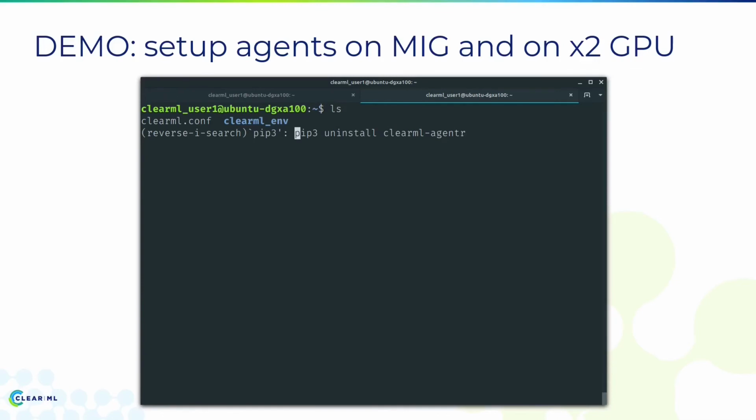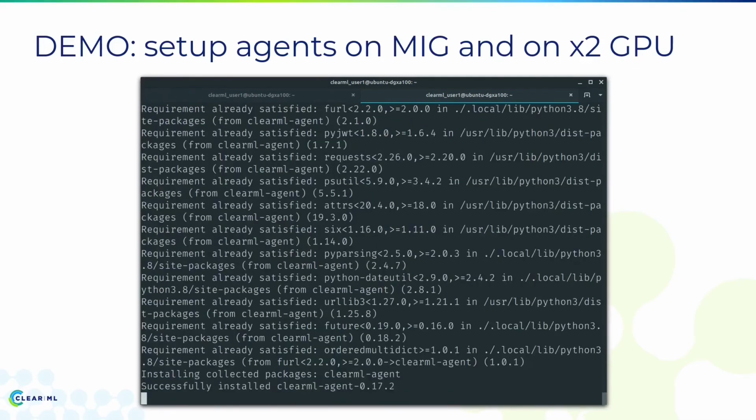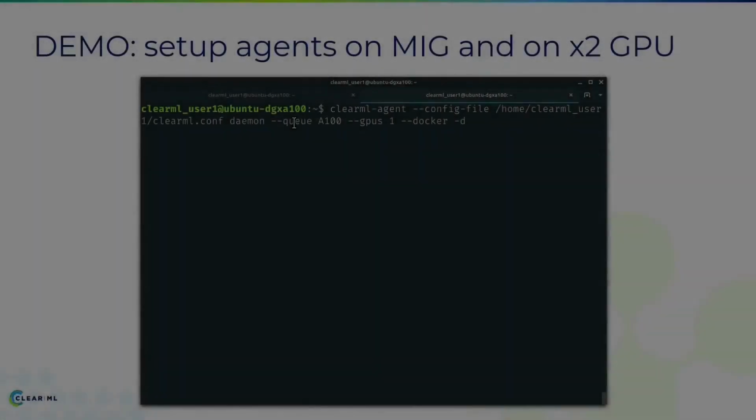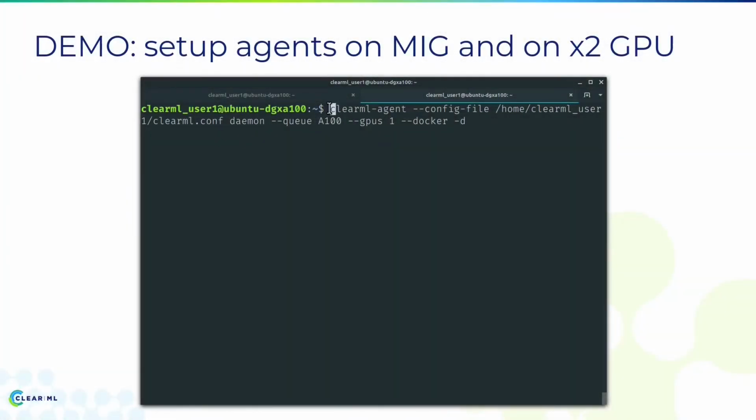First of all, we install the worker, ClearML agent, and then we need to set it up. Okay, so what I'm going to do now is to start a ClearML agent daemon using this config file that I just showed you.